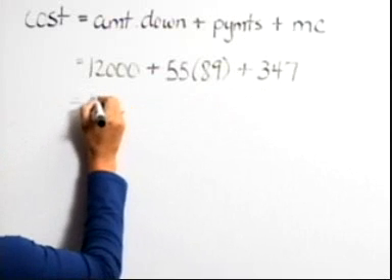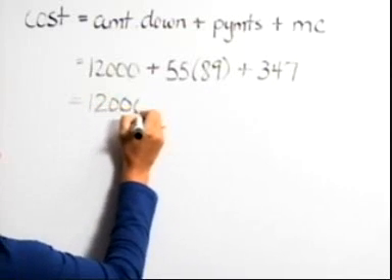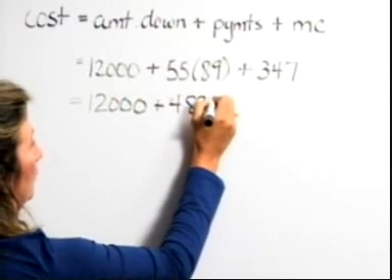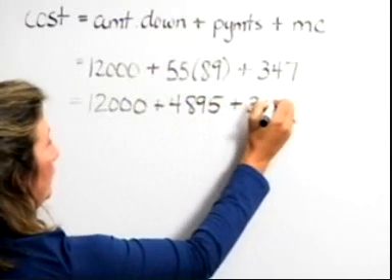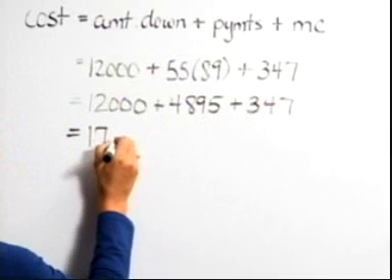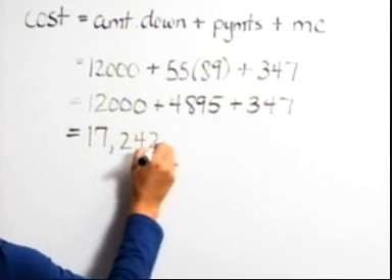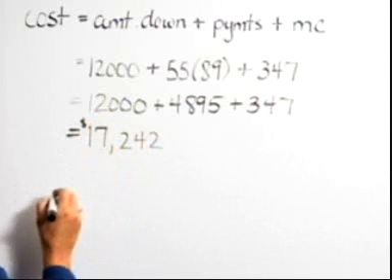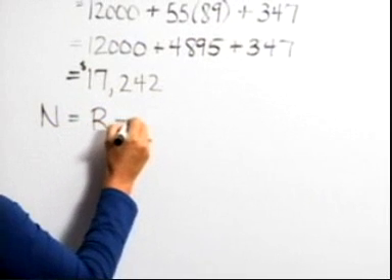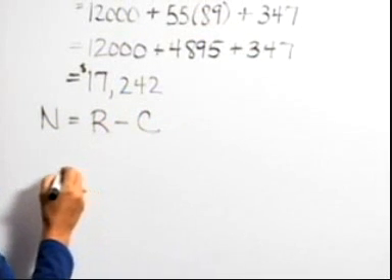This gives us $12,000 plus $4,895 plus $347, or a total of $17,242. Now the net is the revenue minus the cost.